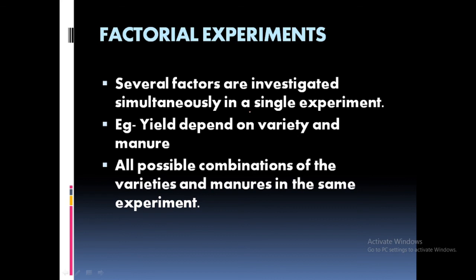Okay, p varieties, that is p levels, and q manures, q levels, then the design is known as p into q experiment. Okay, so the two factors may be two different manures, nitrogen and phosphate, and p and q are different doses. So that is p into q experiment.